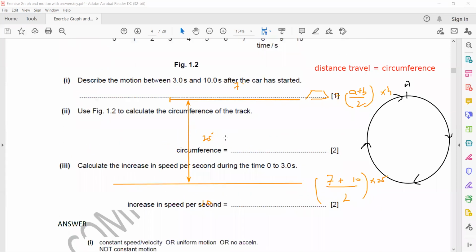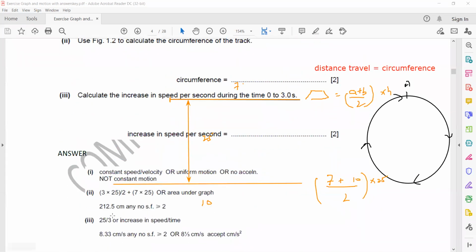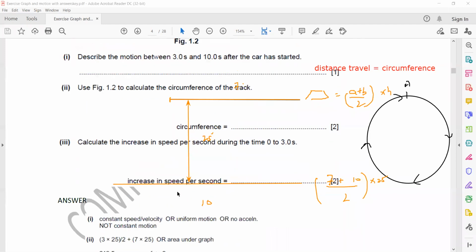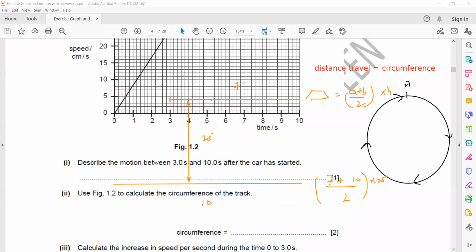When we carry out 7 plus 10 divided by 2 times 25, it comes out as 212.5. And what will be the unit? The unit will be centimeter. Why centimeter? Because speed is given in centimeters. So if the speed is in centimeters, the final answer should be in centimeters.